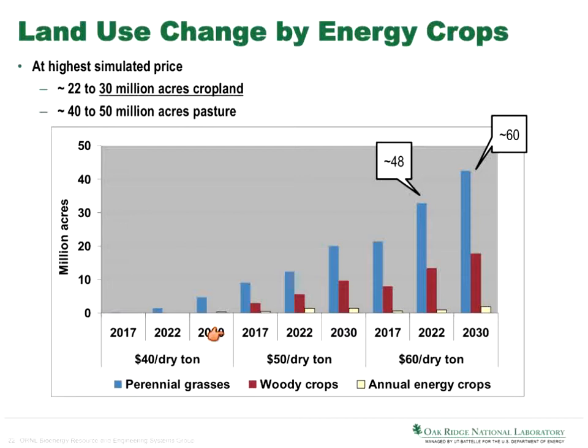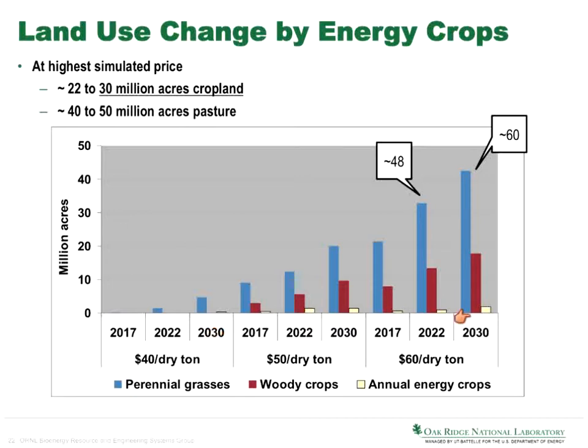So we're talking about a very aggressive scenario, potentially producing enough second generation biofuels to displace 30% of our current petroleum use, which in my mind is very aggressive. But let's just look at what that would mean in terms of land use allocation.